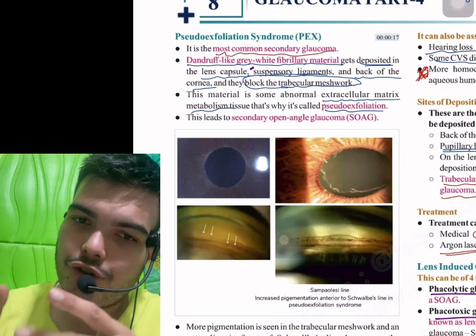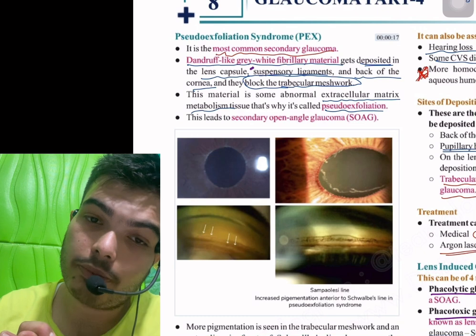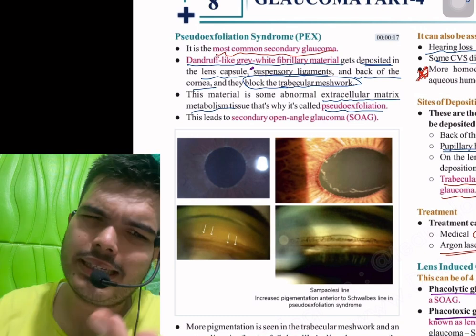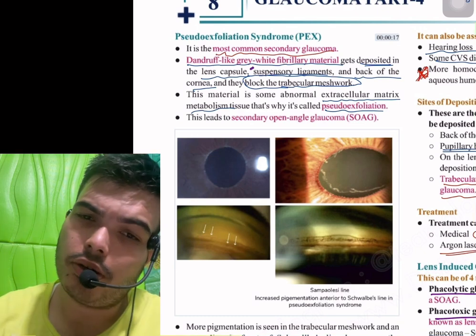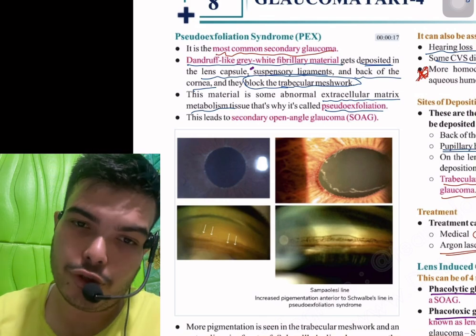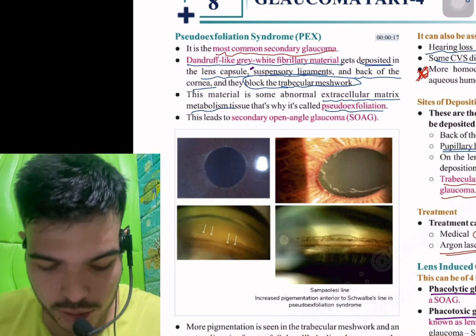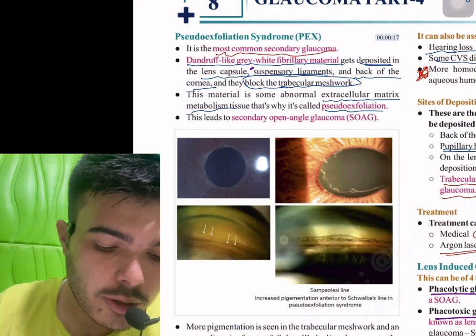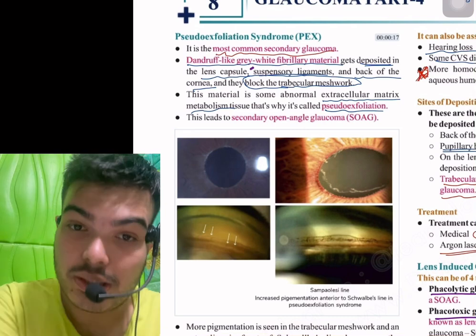Pseudo-exfoliation syndrome, trauma, and certain diseases like Marfan syndrome, homocystinuria or Weill-Marchesani syndrome are responsible for causing subluxation of lens. So the most common cause of secondary glaucoma is pseudo-exfoliation syndrome.